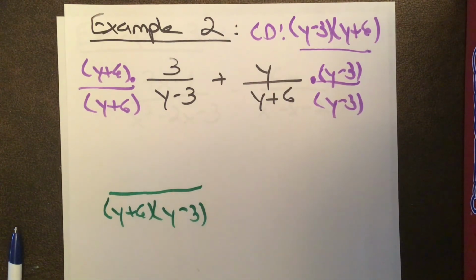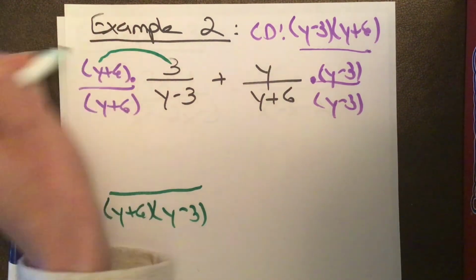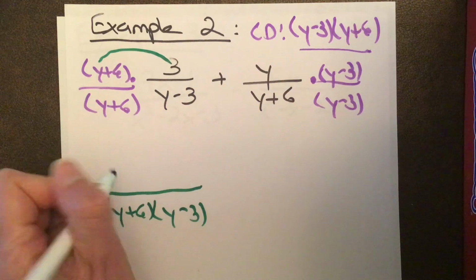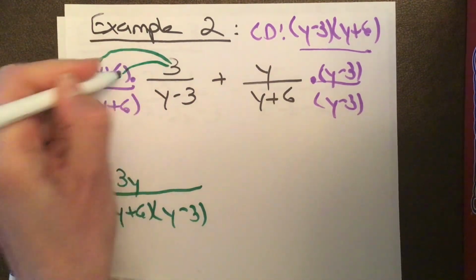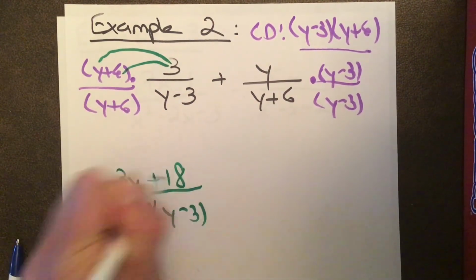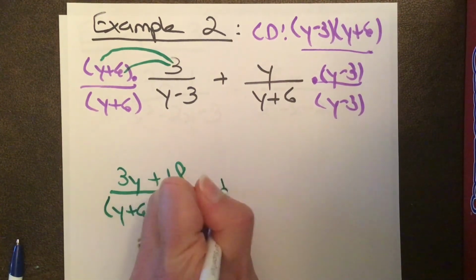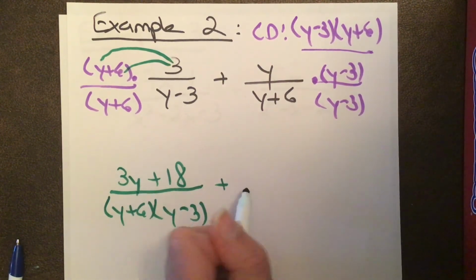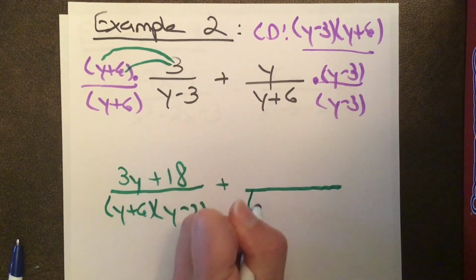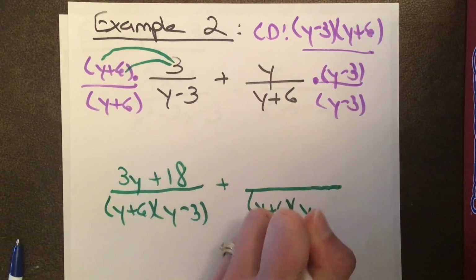So just like I did there, I'm going to distribute like I did on the first example. 3 times y is 3y. 3 times 6 is 18. So this becomes 3y plus 18. And then I'm going to do the same thing over here. Again, leave the denominator factored: y plus 6, y minus 3.